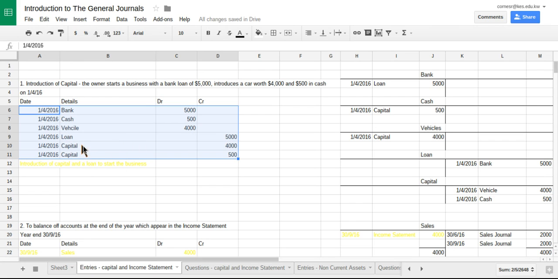And in the capital account, they need to go and post $4,000 and $500 as the cash entry.